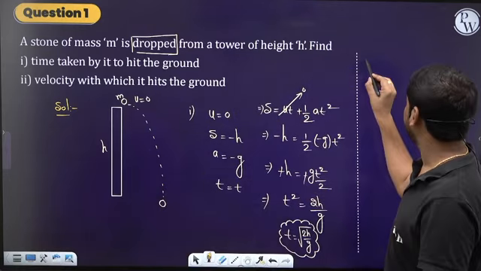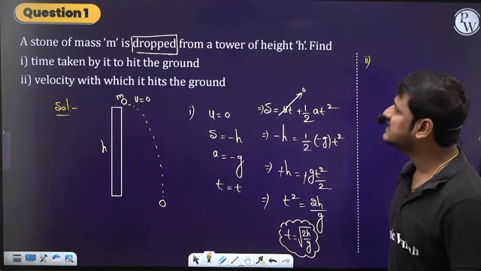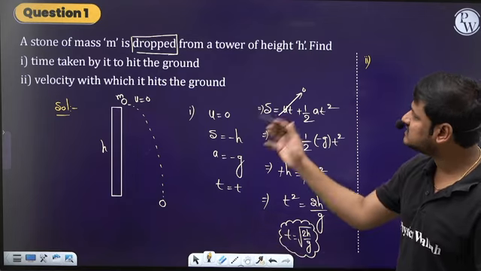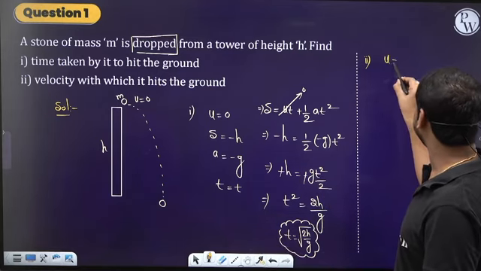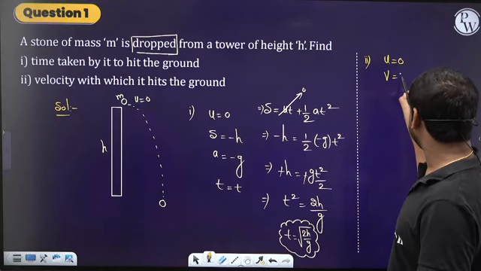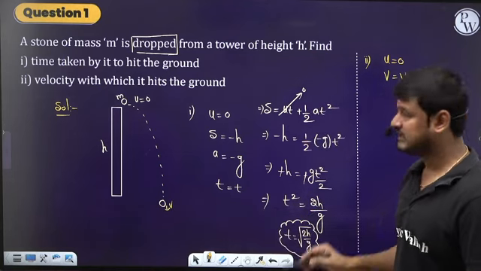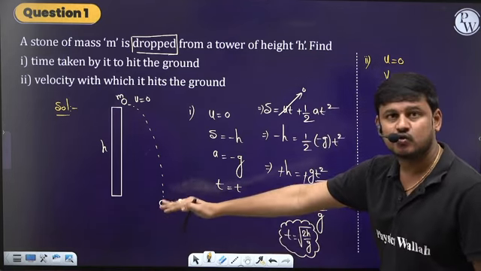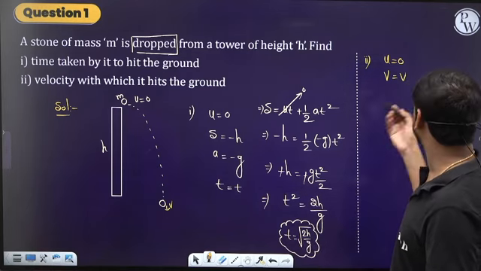What's the second one? The velocity with which it hits the ground. For that, again I am taking the initial velocity as 0. Let the final velocity with which it hits the ground be v. Just before hitting the ground, its velocity is v.